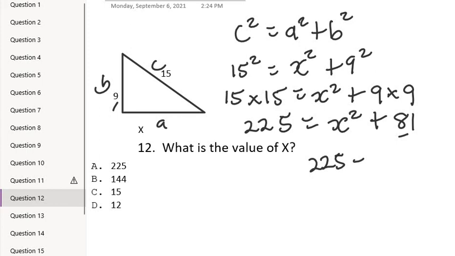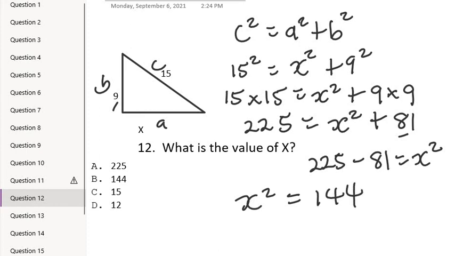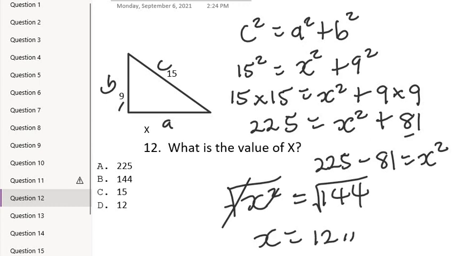The plus we change to minus as 81 crosses to the left. Minus 81 equals x squared. So x squared equals 225 minus 81, which will give me 144. To get x, I'm going to take the square root of both sides. The square breaks the square root. X equals square root of 144, which will give me 12. So the right answer is D.